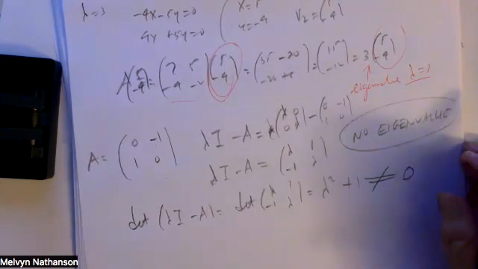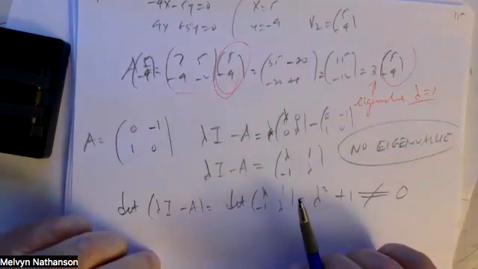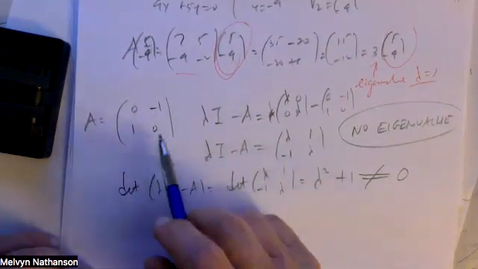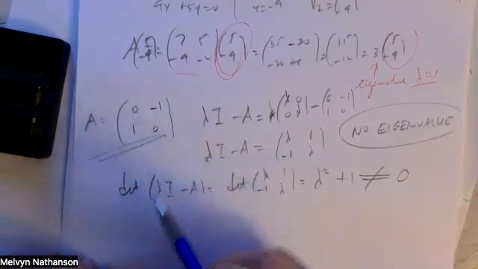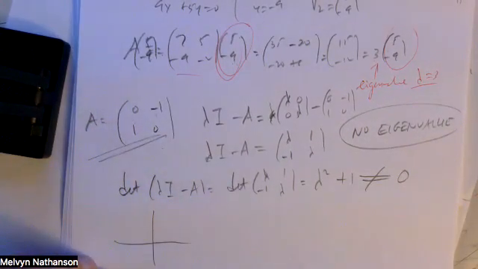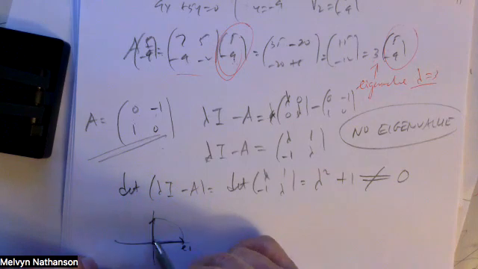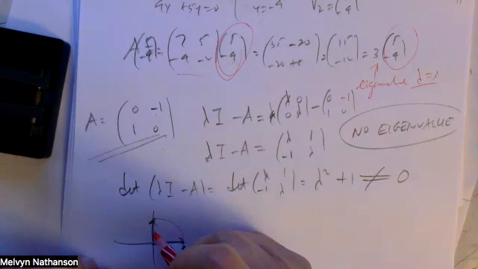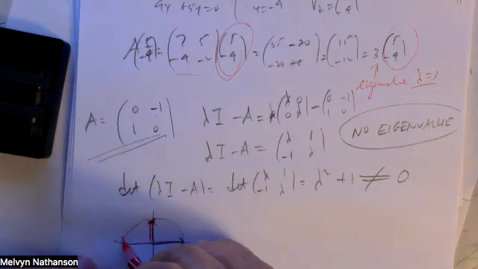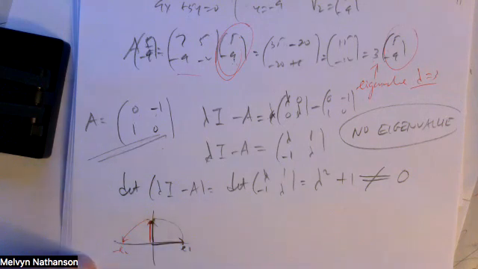So not every 2 by 2 matrix has a real eigenvalue. And if you look at this geometrically, what is the operation of this matrix on vectors? If you take the unit vector E1, it's sent to E2. If you take the unit vector E2, it's sent to minus E1.